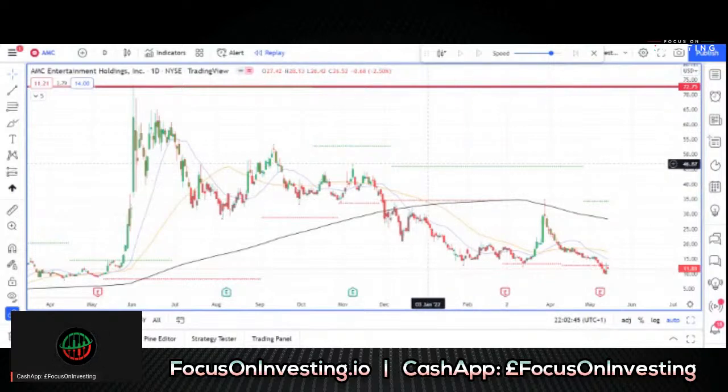So we just have to be clear on the definition of what a short squeeze is, because we have to get out of this mindset of being emotional when it comes to stocks and understanding what it is. I'm not saying that, nobody really knows whether or not the market is being manipulated or not.